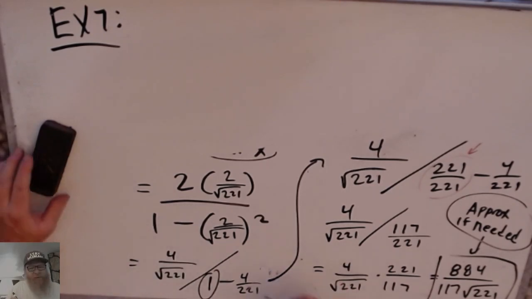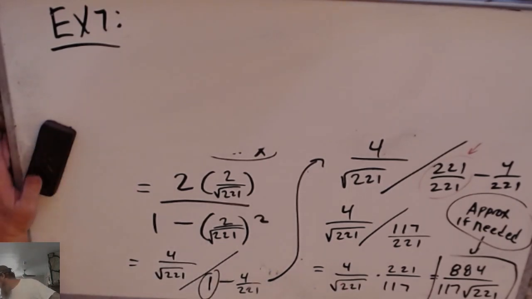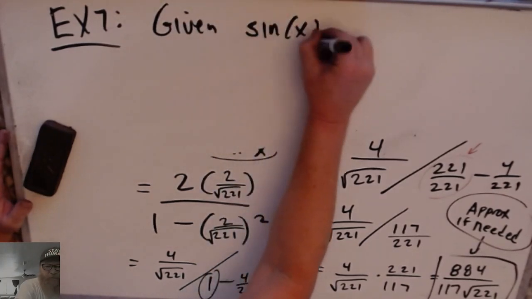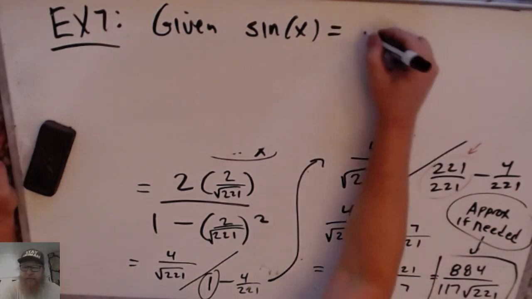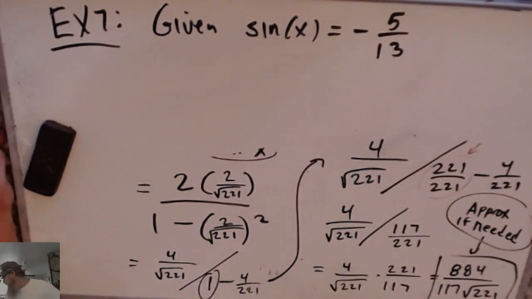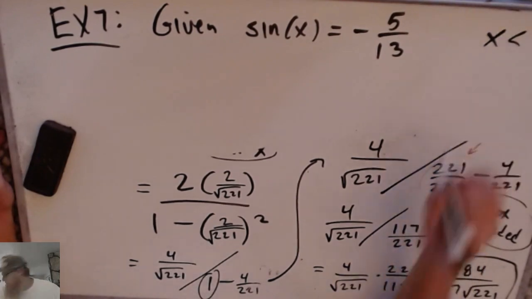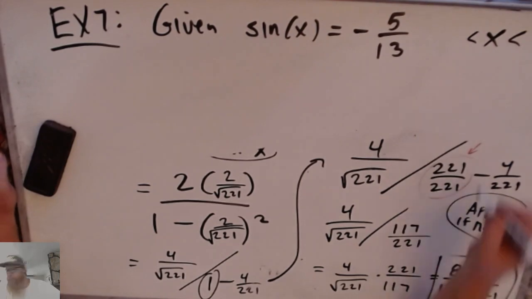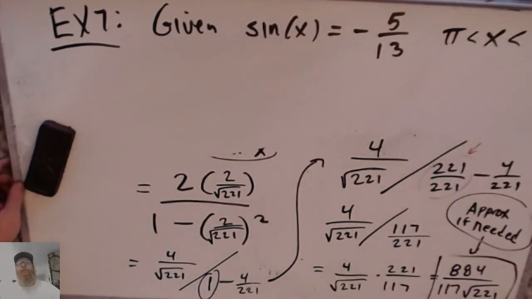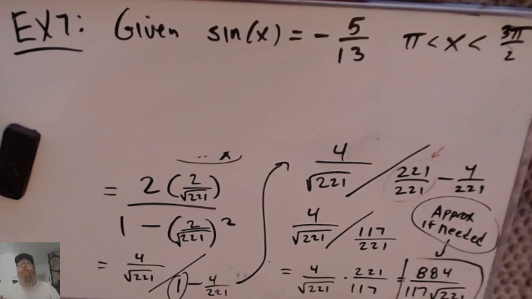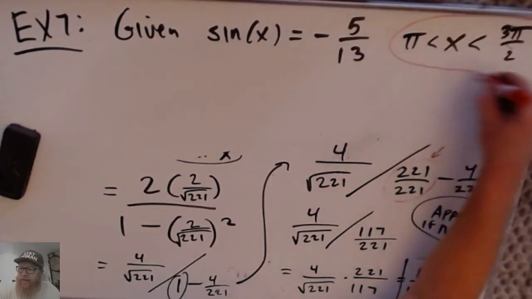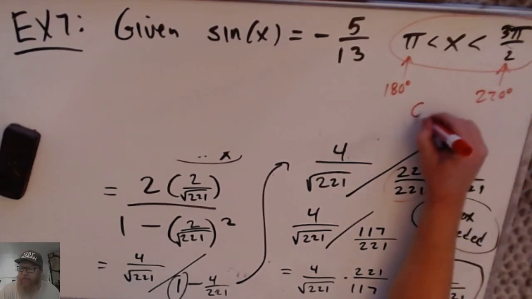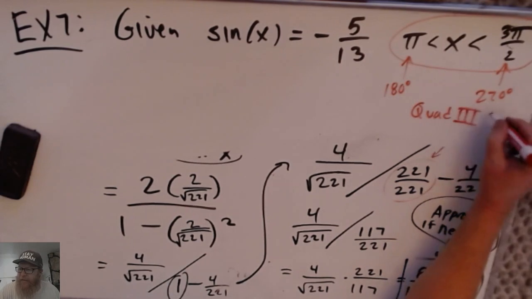Okay, so suppose you're given sine, and sine is -5/13, and x is between pi and 3 pi over 2. That means that it is between 180 degrees and 270 degrees, so this is quadrant 3.